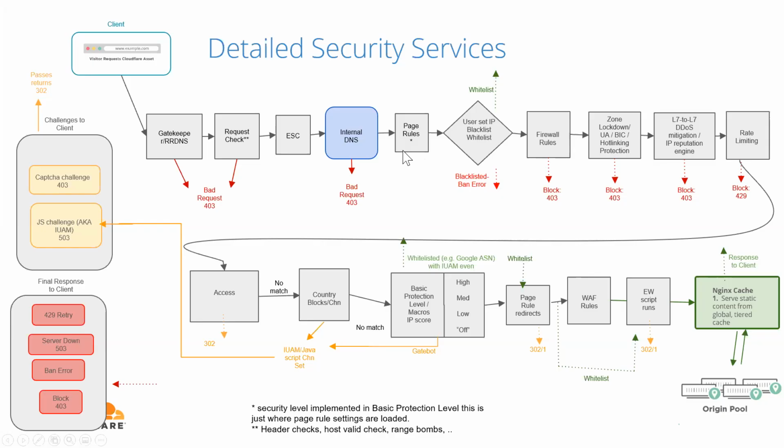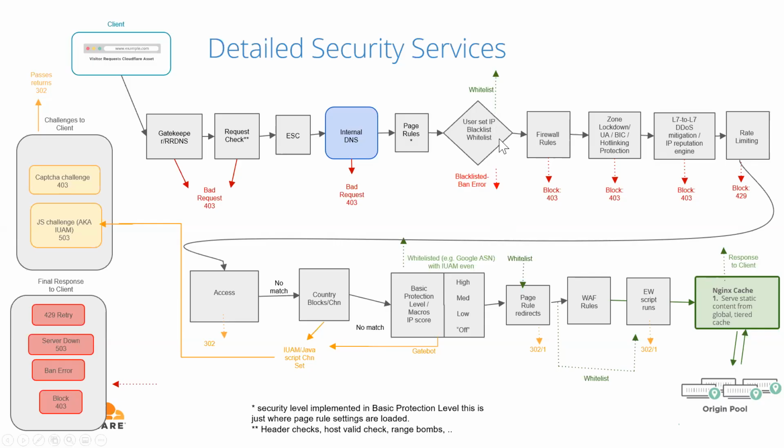Moving on, it will hit the IP firewall or IP access rules. So this is where Cloudflare will check whether a certain IP that is set in the customer dashboard is being whitelisted or blacklisted. If blacklisted, it will automatically be blocked here. If it is whitelisted, it will not check further on the traffic request or on the content itself.